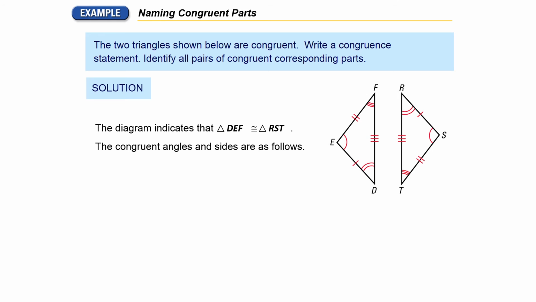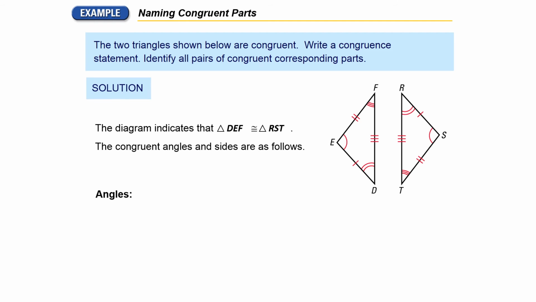Now on my example on the PowerPoint, I started with D. D is double. It matches with R, which is double. E is single. It matches with S. And F is triple. It matches with T. The angles for the first one, just look at the letters. You don't even have to look at the picture.